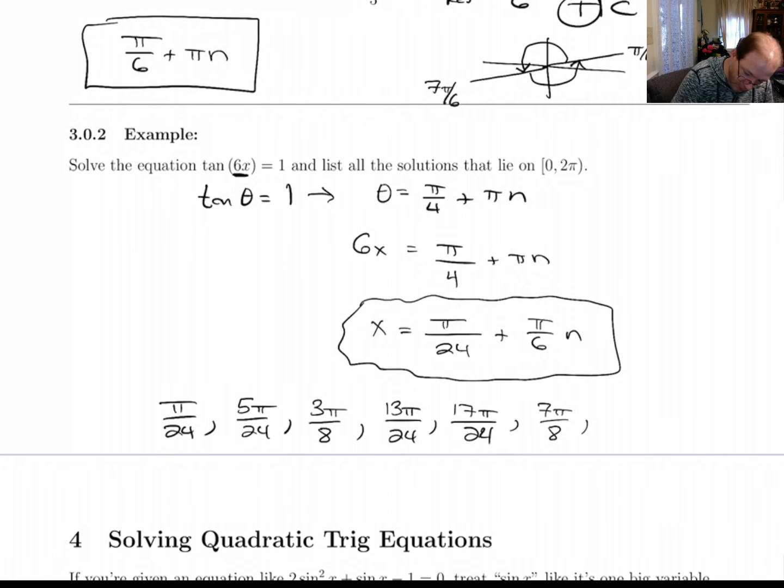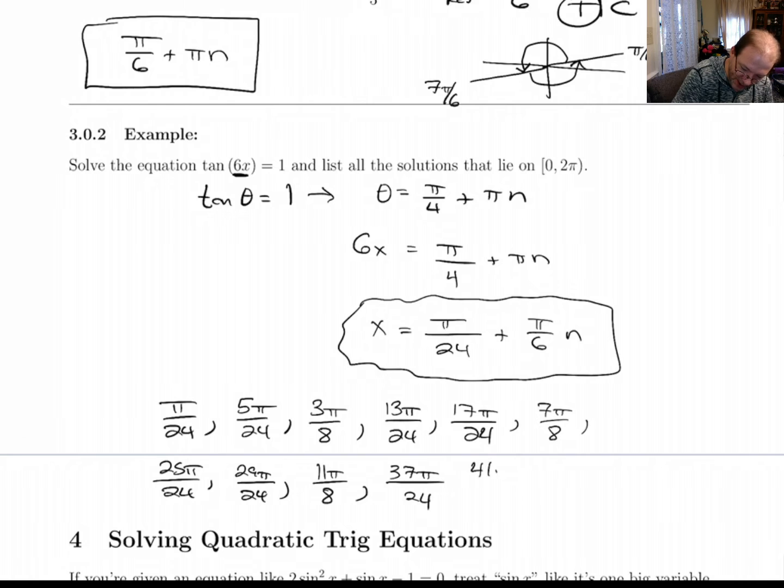Let's see. 25 pi over 24. 29 pi over 24. 11 pi over 8. 37 pi over 24. 41 pi over 24. 15 pi over 8.